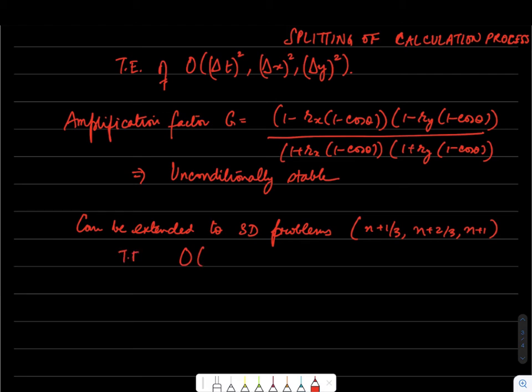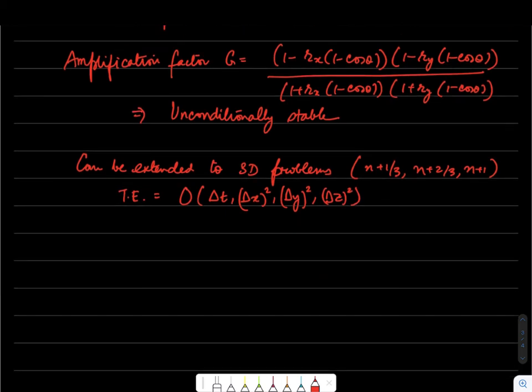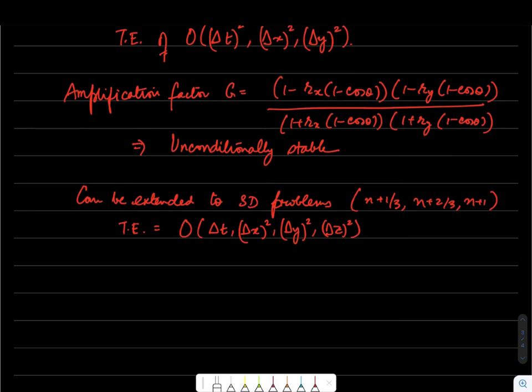So the truncation error in 3D becomes order delta t, delta x square, delta y square, delta z square. Now, because the order of accuracy here suffers, it reduces to delta t as compared to the 2D problem. A modified ADI which has order delta t square accuracy was proposed, and that scheme was also unconditionally stable.